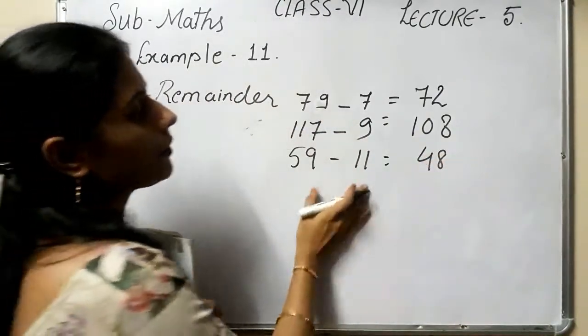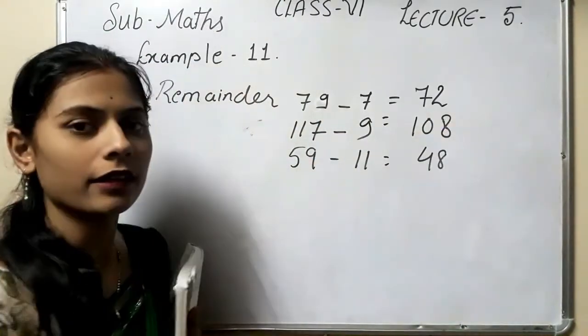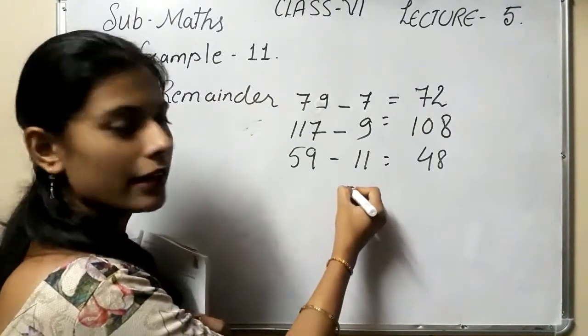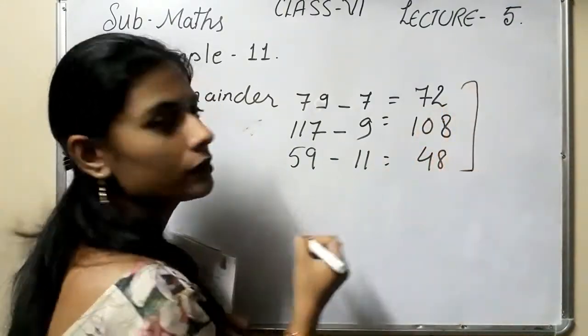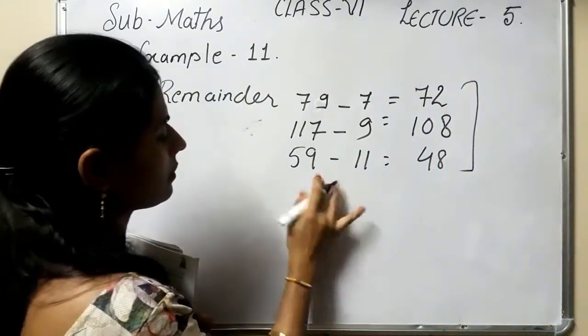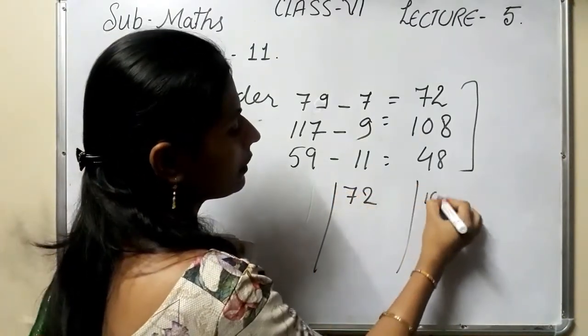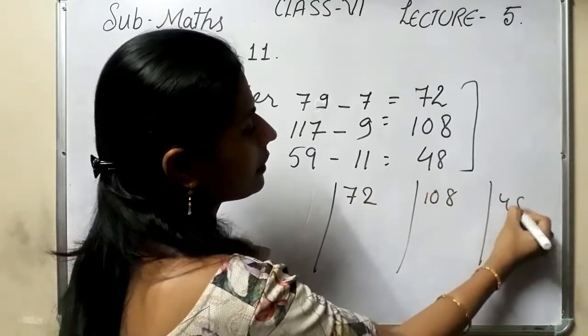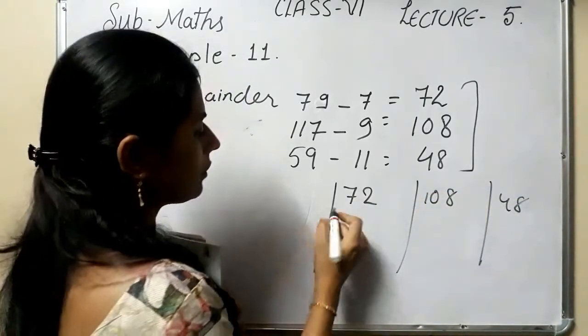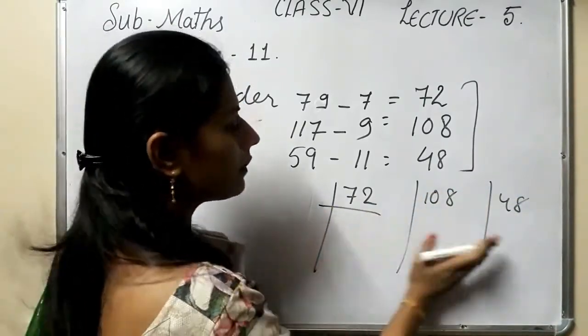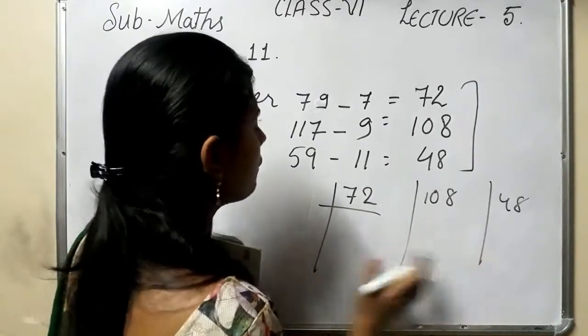After subtracting the digits, you have to find the highest common factor, means HCF of the remainders. Find the HCF of 72, 108, 48. See, you can find it in a group also, but I am finding it differently.